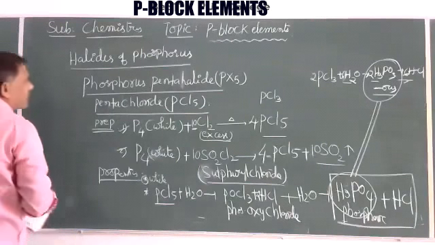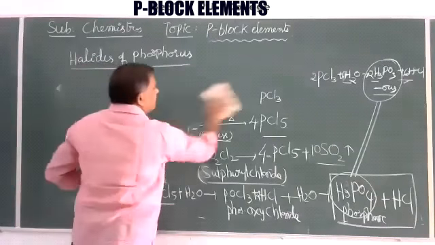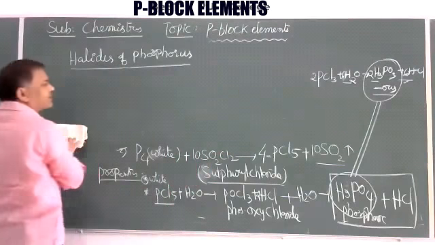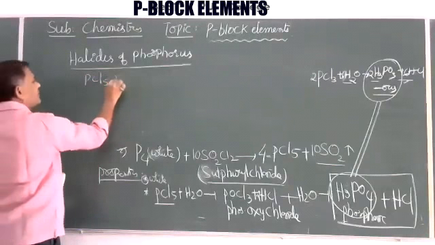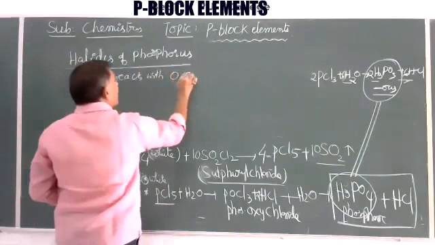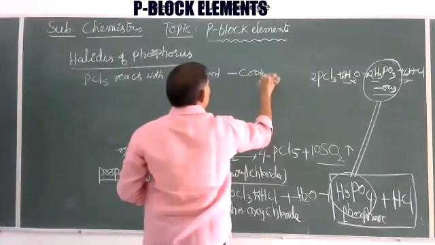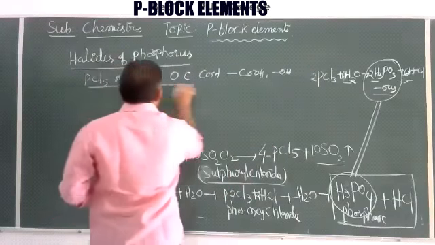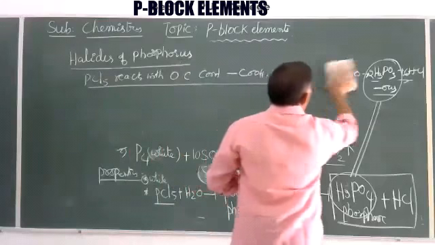Just like trichlorides, pentachlorides also react with organic compounds. PCl5 reacts with organic compounds containing COOH group and OH groups. It gives the corresponding acid chlorides or halogenated compounds.